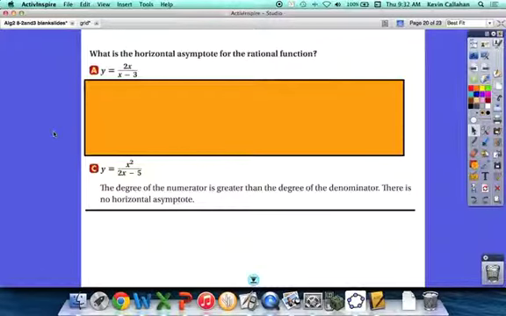Next, y equals 2x over x. Which has the highest power? The highest exponent of x in the numerator is 1, and the highest power in the denominator is 1. So it's the same.